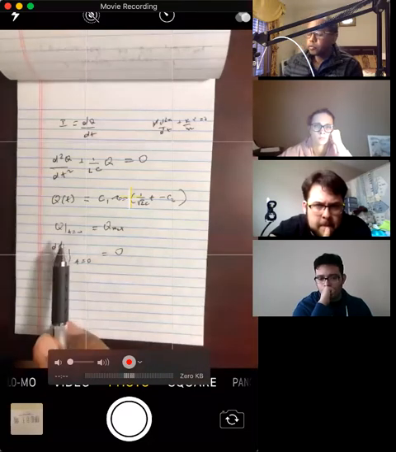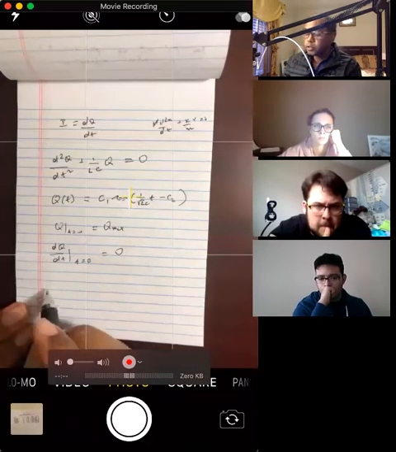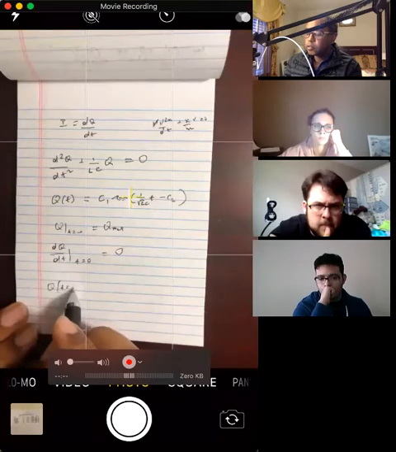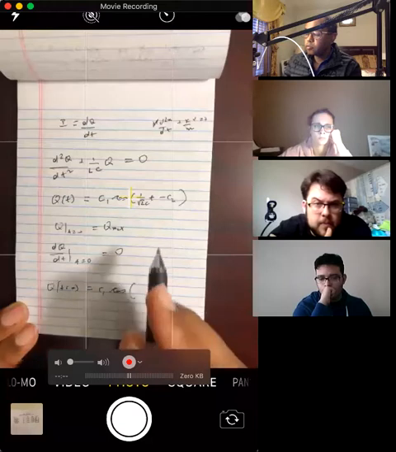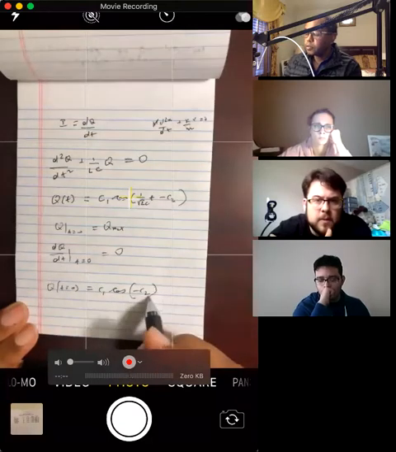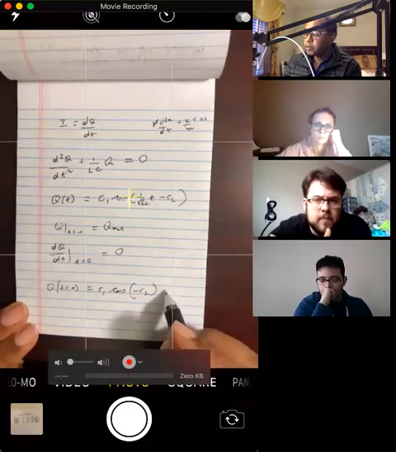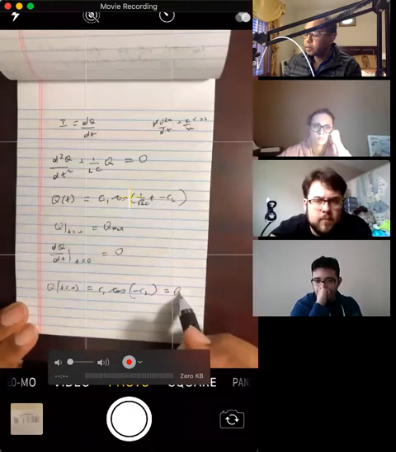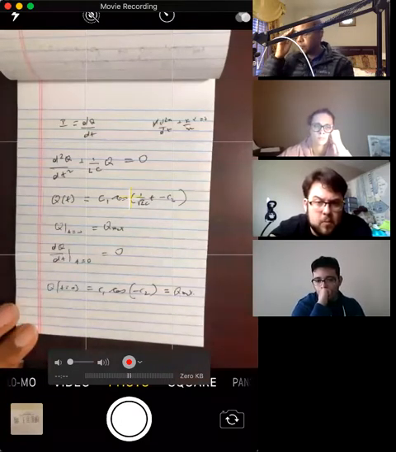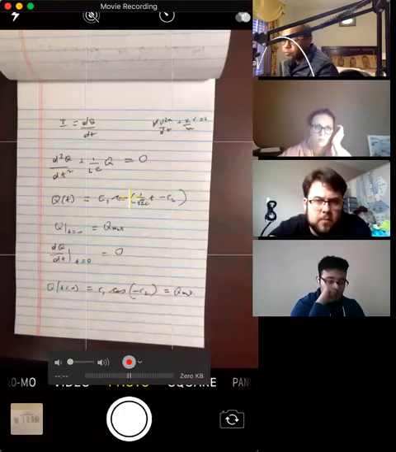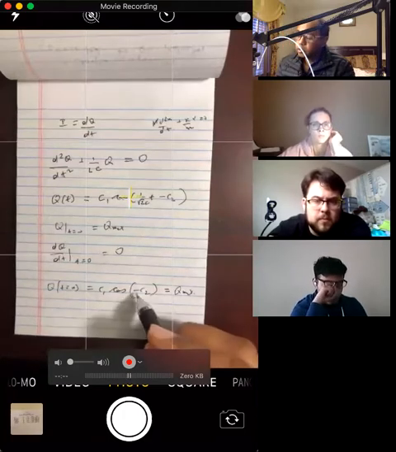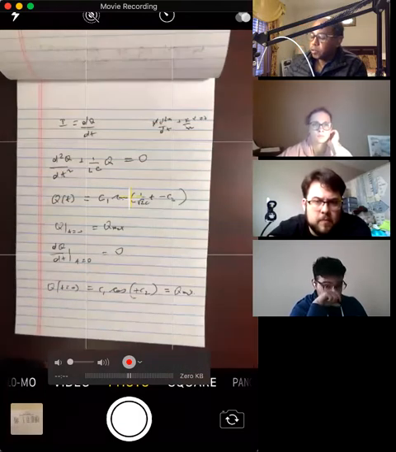Let's start with the first one. Q at t equals 0 equals C1 cosine of negative C2 over here. That equals Q max. So you've got C1 times cosine of negative C2, or since this is an even function, we can put C2 over here, equals Q max.